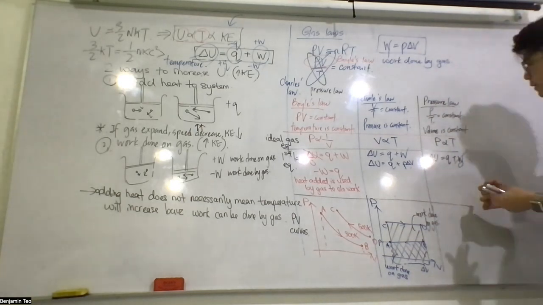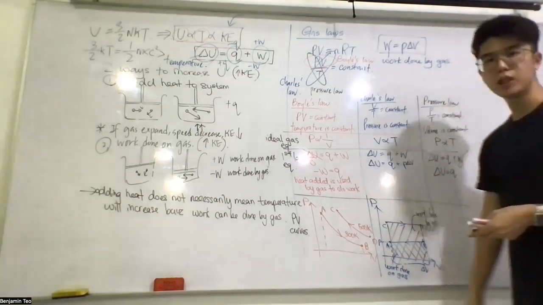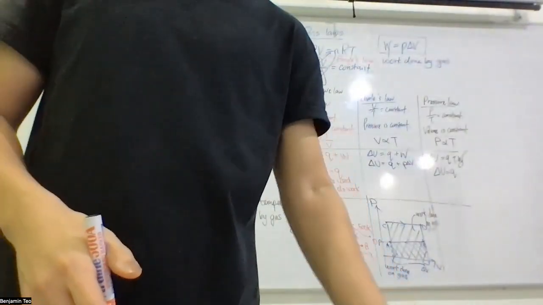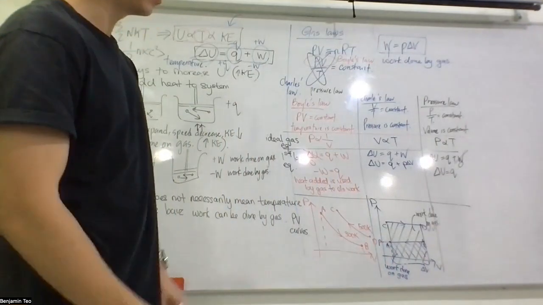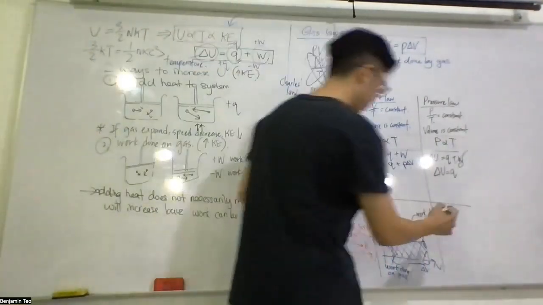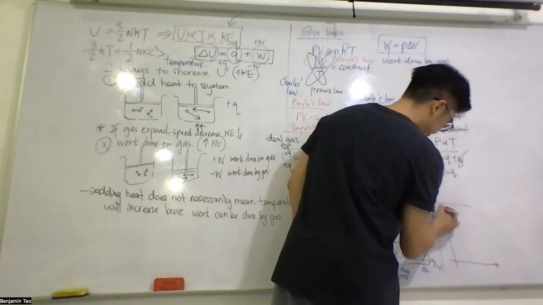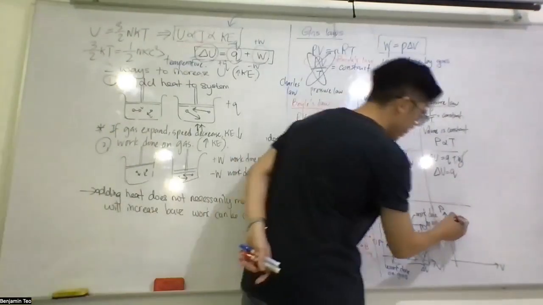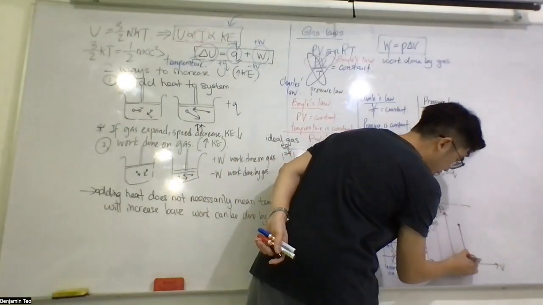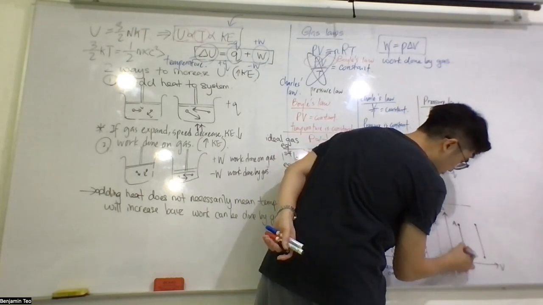With no work done, whatever heat you put in will increase the internal energy, and whatever heat you take out will decrease the internal energy. Okay, PV. Constant volume, straight line, AB.